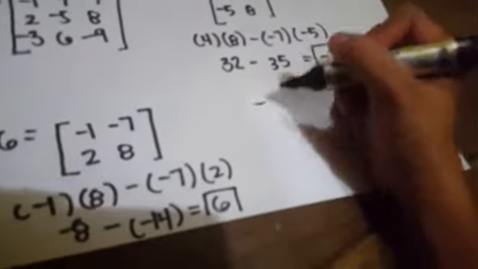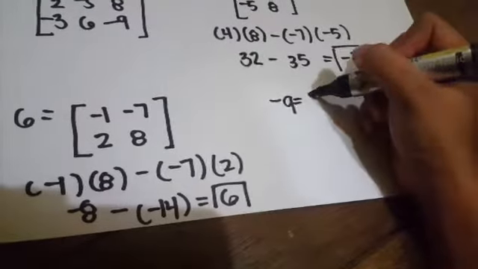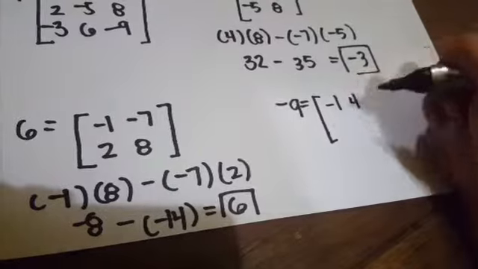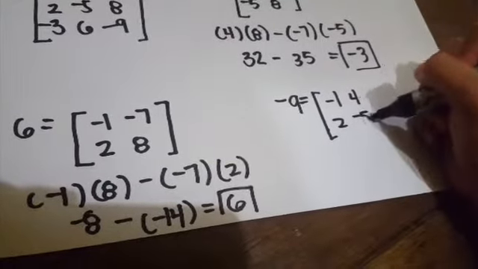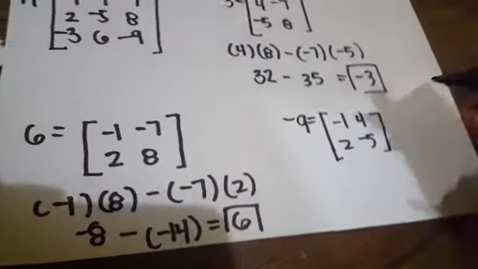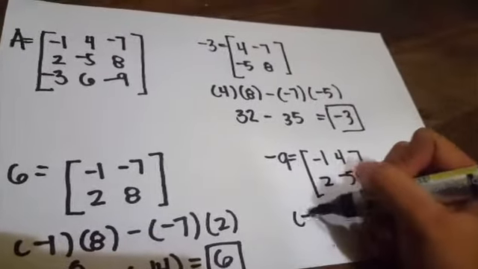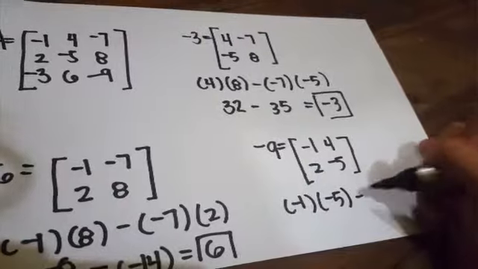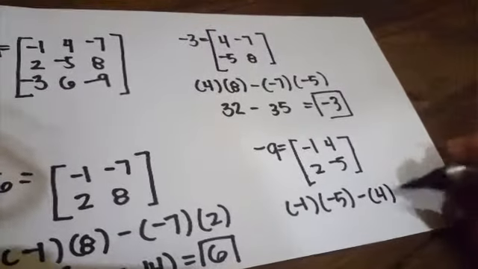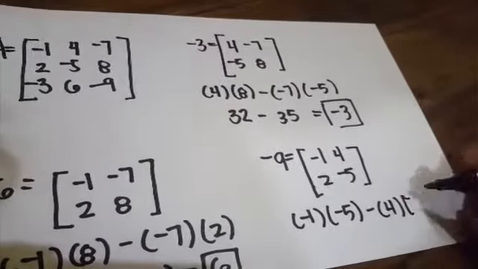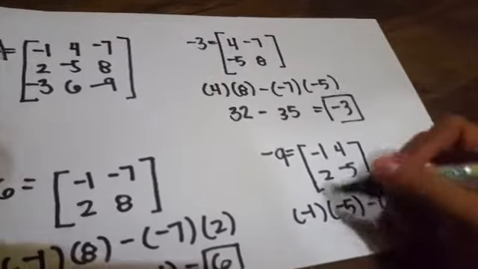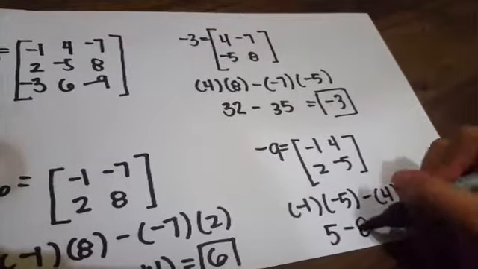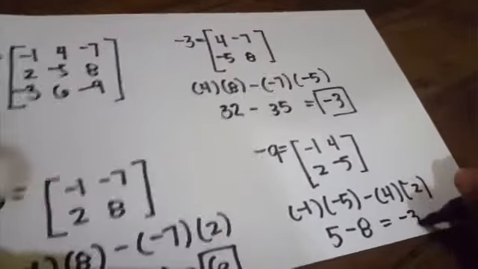For negative 9, the remaining entries are negative 1, 4, 2, negative 5. Cross multiply: negative 1 times negative 5 minus 4 times 2. Positive 5 minus 8 equals negative 3.